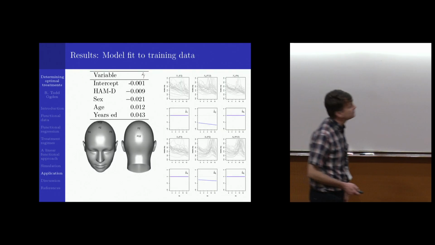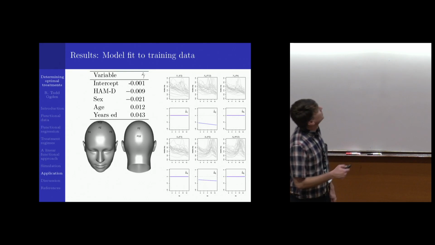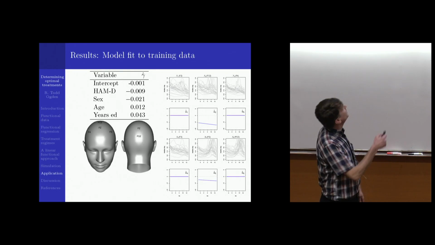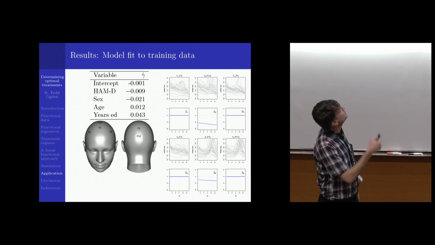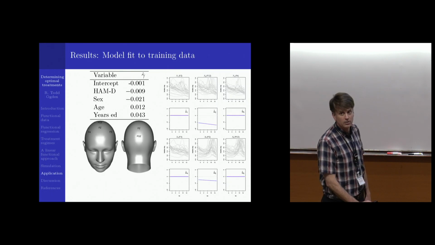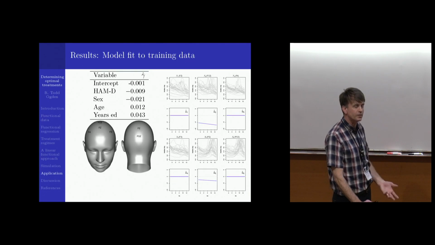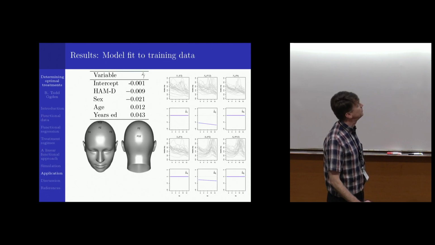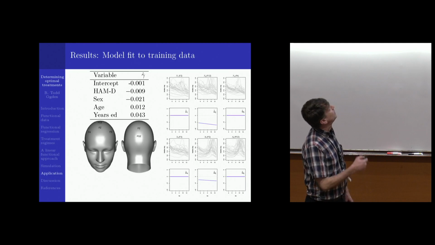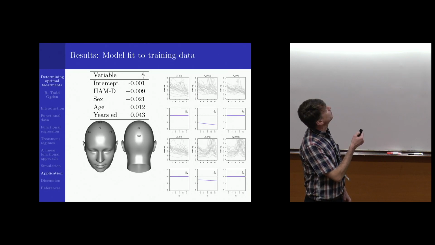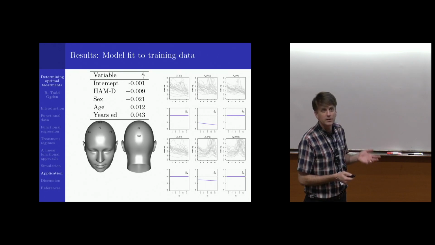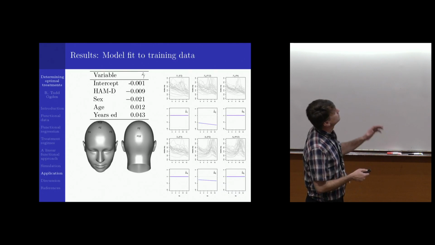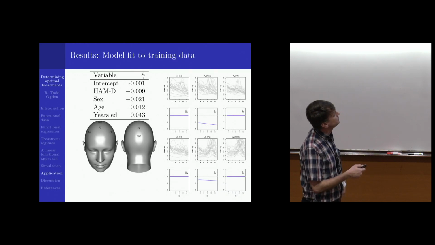Okay, so this is what we got. The model picked all 4 of these scalar predictors, so all 4 are thought to be useful in determining the best treatment for each patient. The coefficients are small, but still significant.